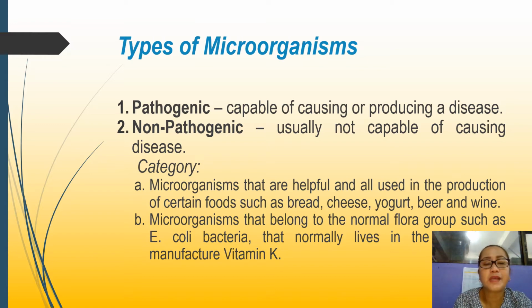They are microorganisms that are helpful and are used in the production of certain foods such as bread, cheese, yogurt, beer, and wine. They are important in the fermentation of food, especially beer, wine, and cheese. So they are called helpful microorganisms.